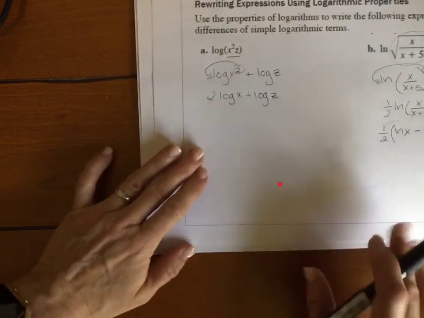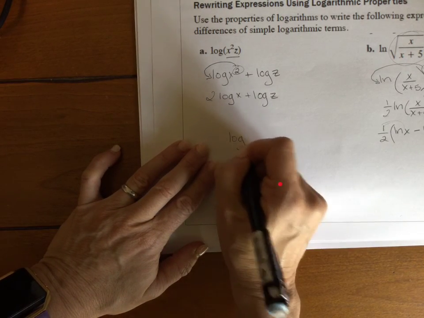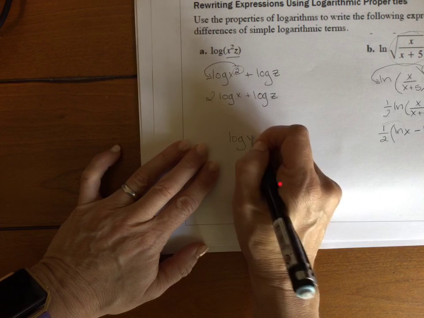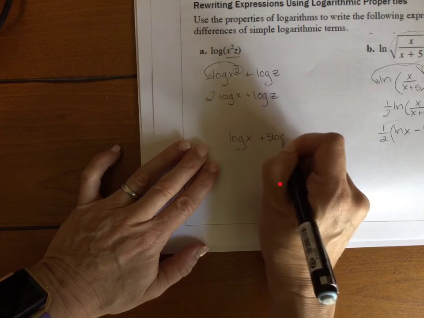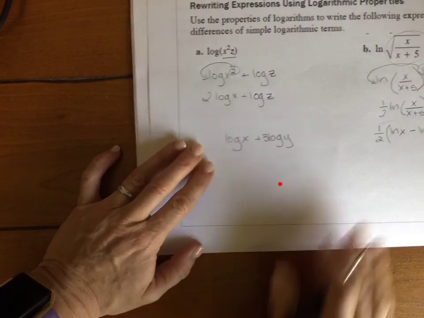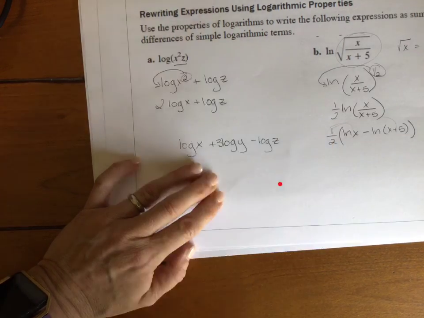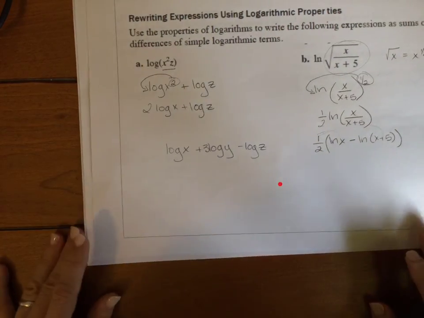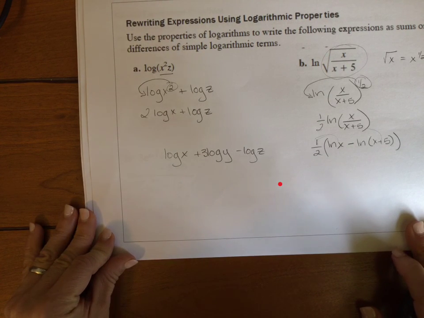But let's say we had log of x plus 3 log y minus log z. So we had it in expanded form, and I said now write this as a single term.